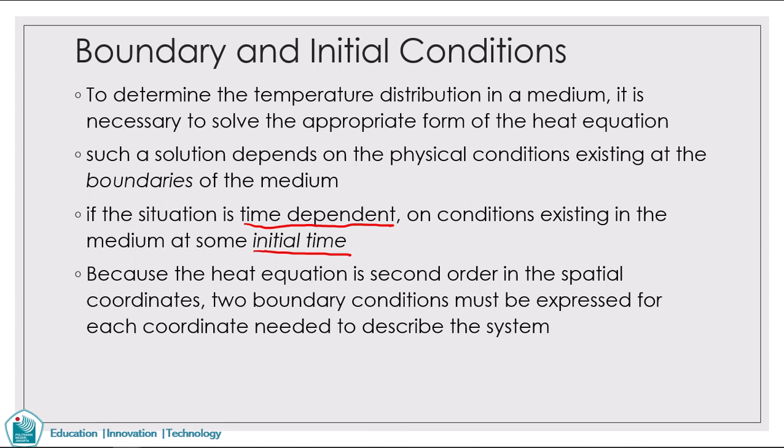Remember, the heat equation is second order. We have this del squared T, which means it is a second order differential equation in the spatial coordinate. So there must be two boundary conditions for each coordinate needed to describe the system.